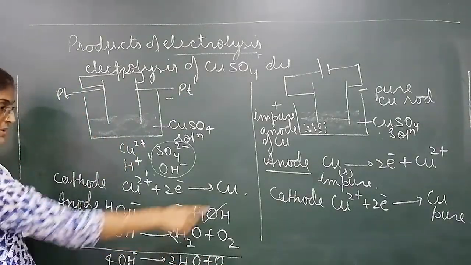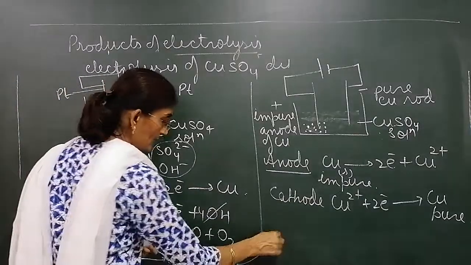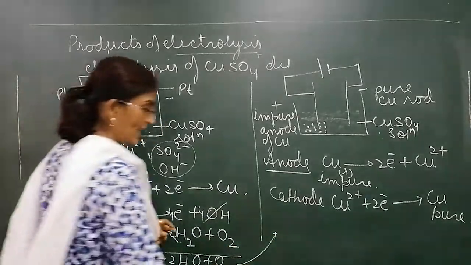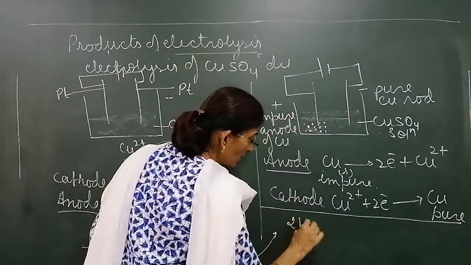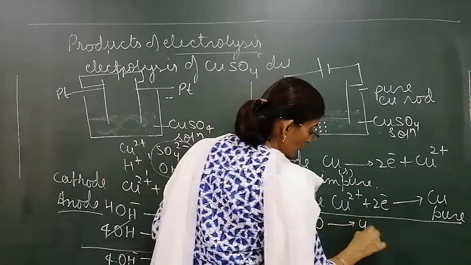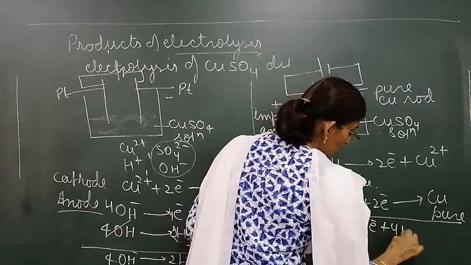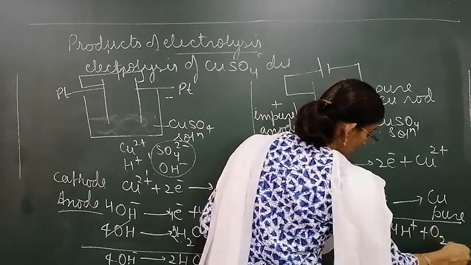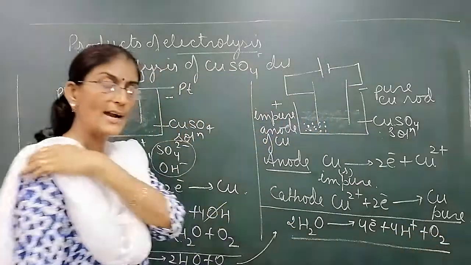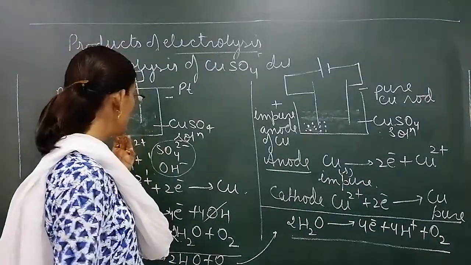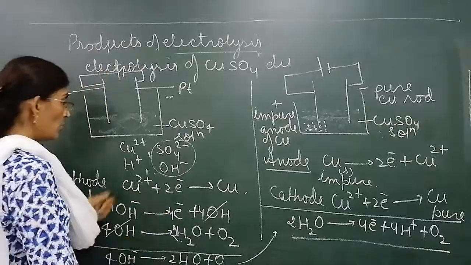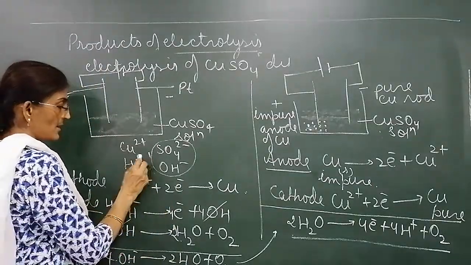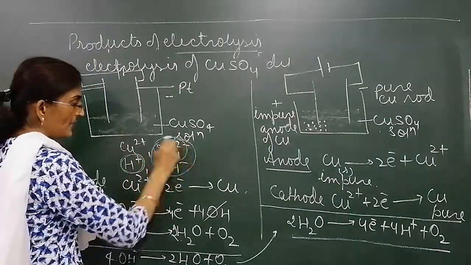Now I will write this equation on this side. Add 4H plus on both sides. On adding 4H plus on both sides, the reaction becomes 2H2O loses 4 electrons, gives 4H plus with oxygen gas. So O2 gas will be produced at anode and copper will deposit at cathode. Now, which ions remain in the solution? H plus and sulfate ion.